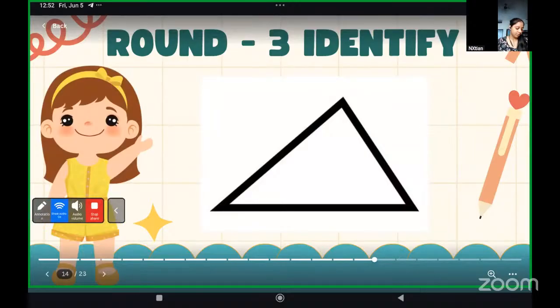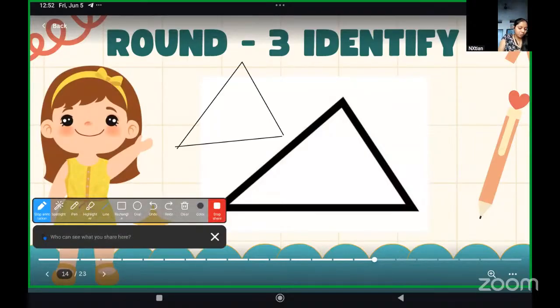Now I was telling you how to identify the difference between an obtuse and an acute. When it looks like a normal triangle, it is acute if we are talking about angles.